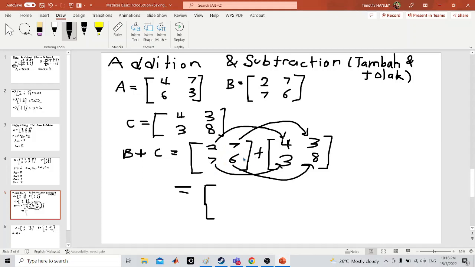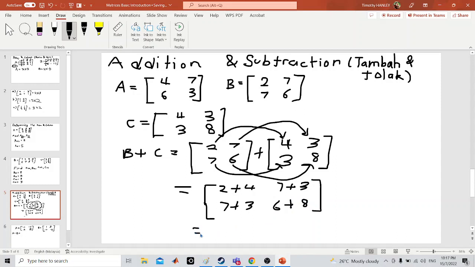For example, 2 plus 4, 7 plus 3, another 7 plus 3, and 6 plus 8.